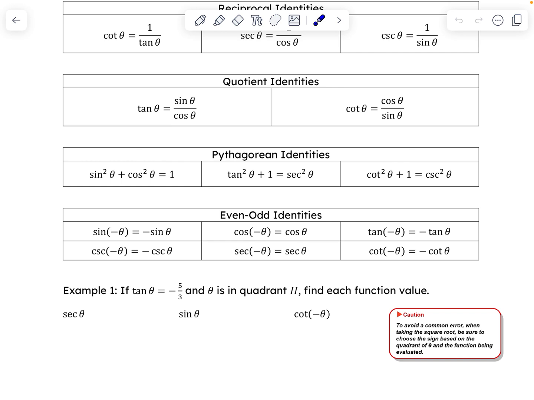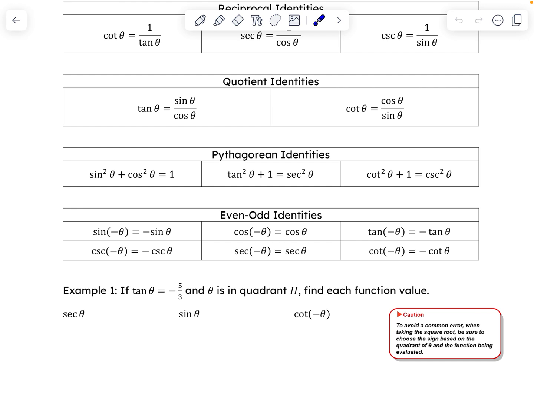Those are our odd functions. Then our even functions are cosine and secant. When you plug in a negative version of that theta, you get the positive version of the function. So cosine and secant are the only ones that are even. Sine, cosecant, tangent, and cotangent are all odd.